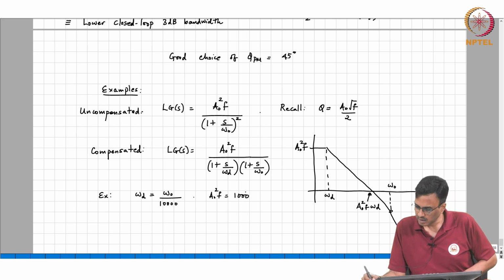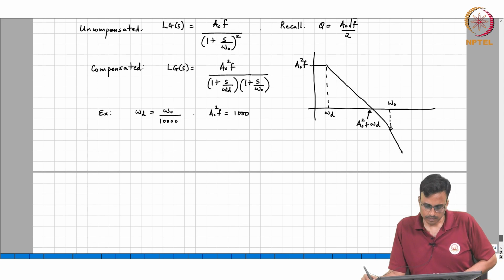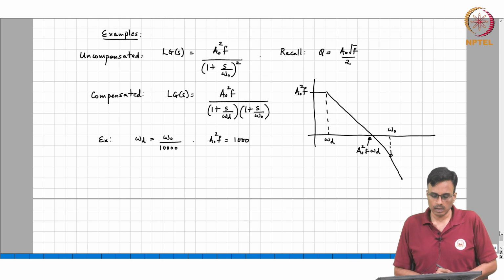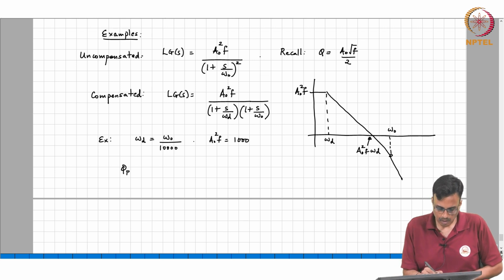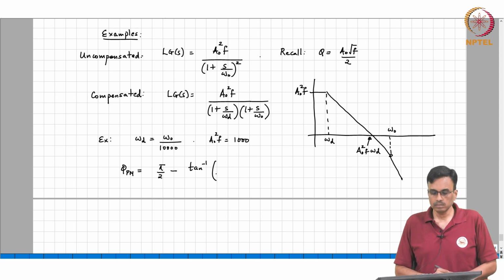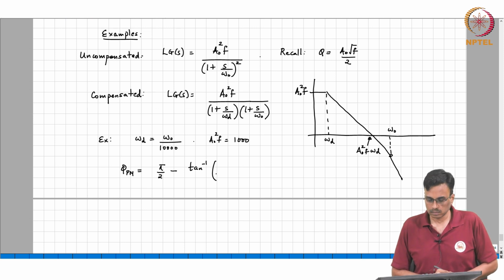So, what is the phase margin? It is 90 degrees minus tan inverse of the unity gain frequency in relation to omega naught.